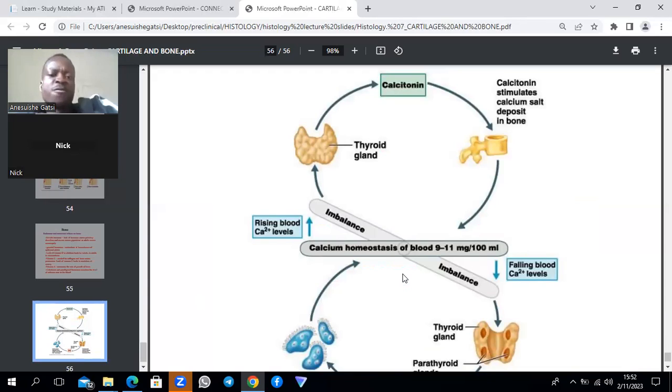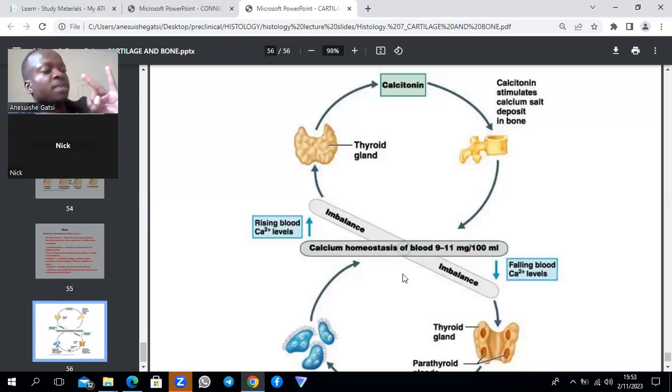But something that people fail to quite remember is calcium metabolism. Right. So we have the thyroid gland. The thyroid gland gives us calcitonin. Then we have the parathyroid glands, which give us parathyroid hormone. So what does parathyroid hormone do? When you do your endocrine physiology, parathyroid hormone will promote reabsorption of calcium in the kidney tubules.